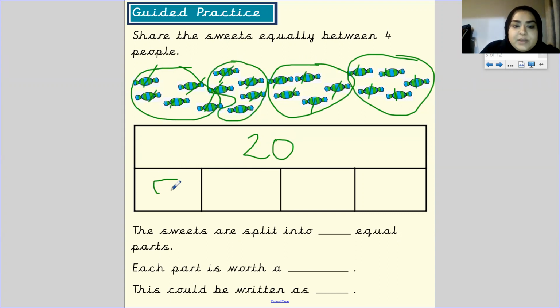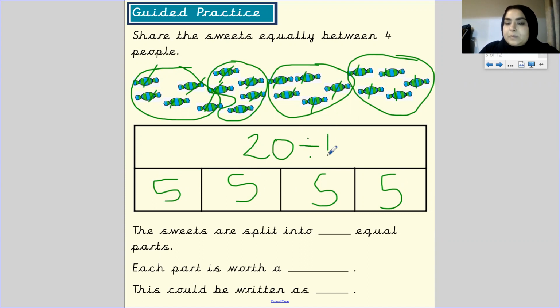And the best way to work this out as well is by using your multiplication and division knowledge. So if I now have 20 and I need to put them in 4 groups, I'm going to divide them by 4, okay, which gives me 5. So that's just a side note, okay, but you do not need to write that in your bar model.